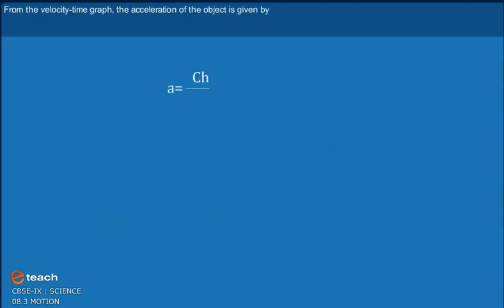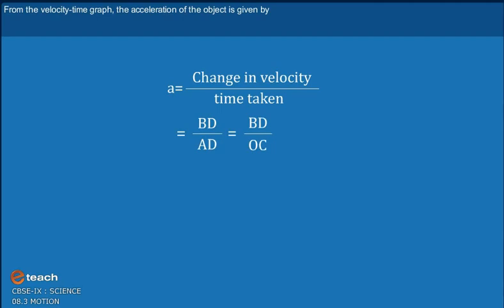From the velocity-time graph, the acceleration of the object is given by a = change in velocity divided by time taken, that is equal to BD divided by AD, that is equal to BD divided by OC.